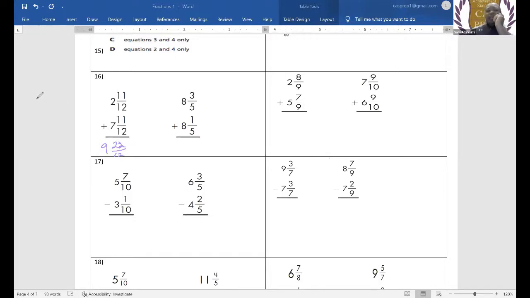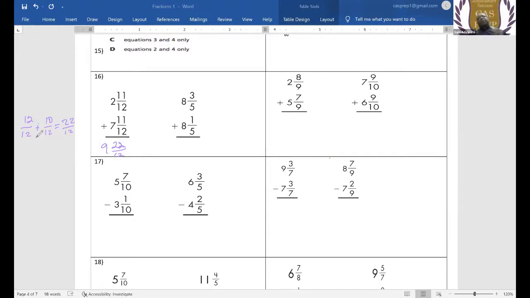If my numerator is 22 and my denominator is 12, I can break up that fraction into 12 over 12 plus 10 over 12. And that's my 22 over 12.